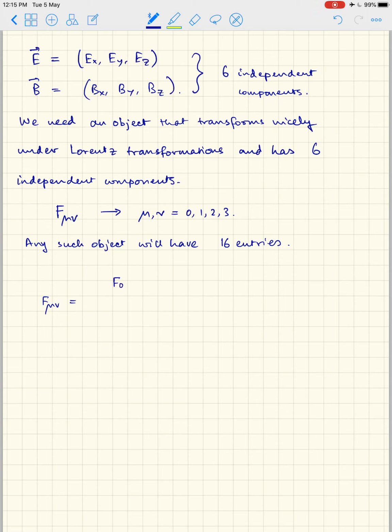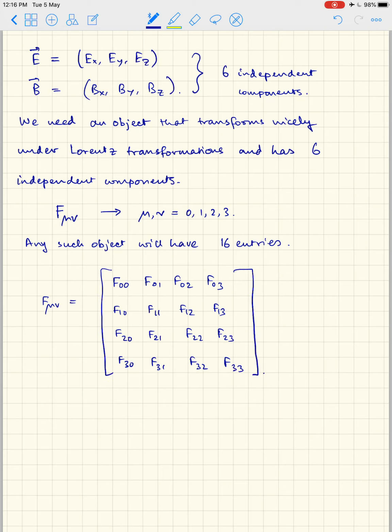F00, F01, F02, F03, and we can go on, F10, F20, F30, F11, F12, F13, F21, F22, F23, F31, F32, F33. Now this is a matrix.